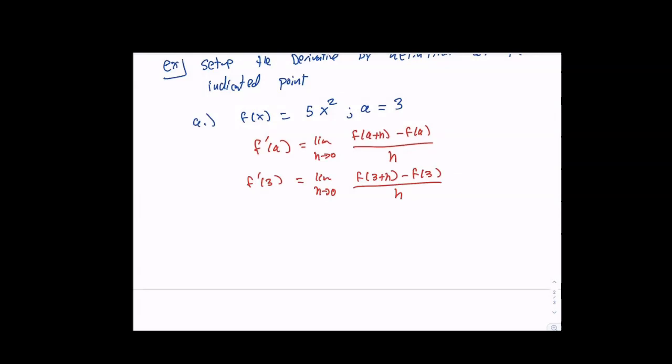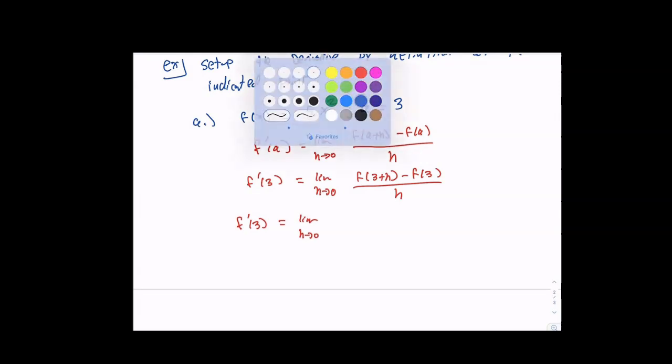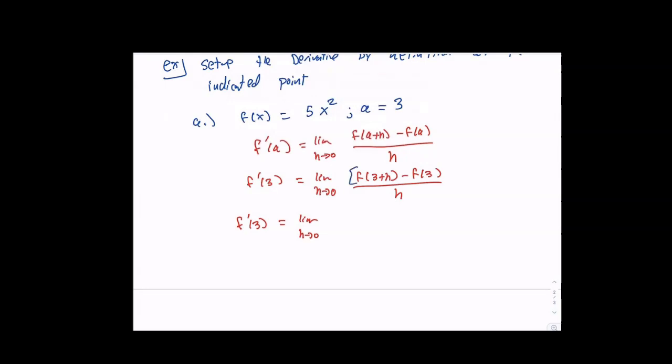Step 2, my next step is that I'm going to replace the function with the function for this problem. So instead of calling it f, my f is 5x squared. So f prime of 3 is equal to the limit as h approaches 0, and I'm going to replace f. Remember, I usually put brackets around the f of 3 plus h and f of 3.